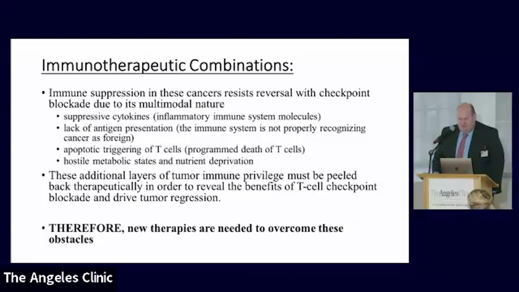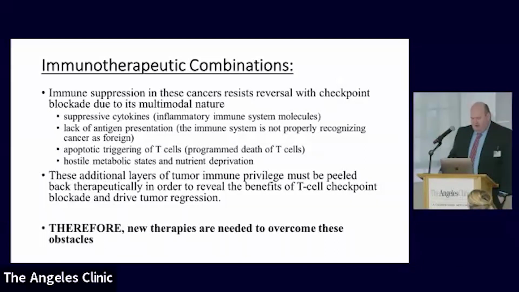The thought is that the immune suppressive environment resists reversal through several mechanisms. One, suppressive cytokines or anti-inflammatory immune molecules. Two, lack of antigen presentation, causing the immune system to not properly recognize cancer as foreign, programmed cell death mechanisms, or a hostile metabolic state. Therefore, new therapies are needed to overcome these obstacles.